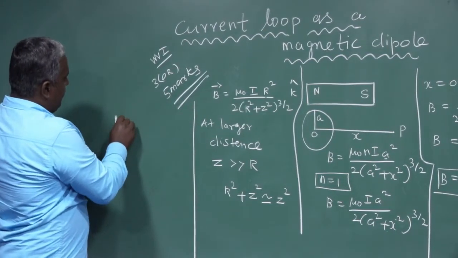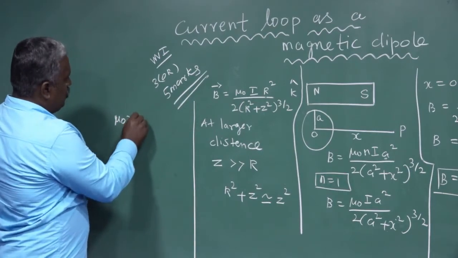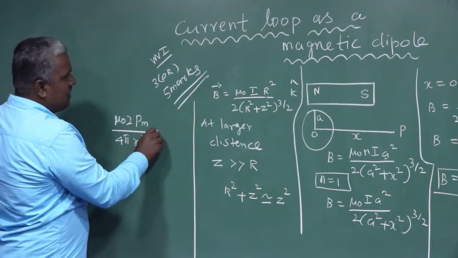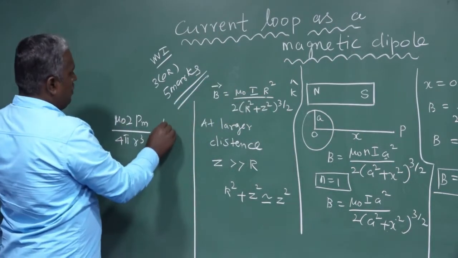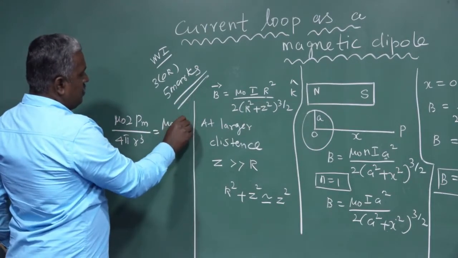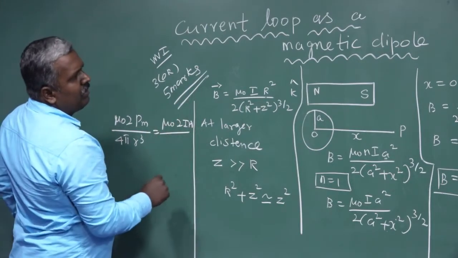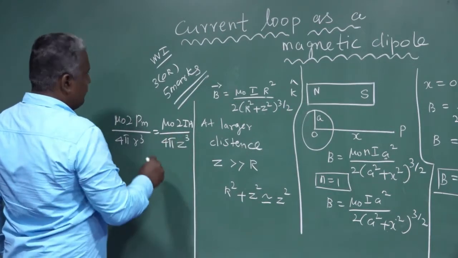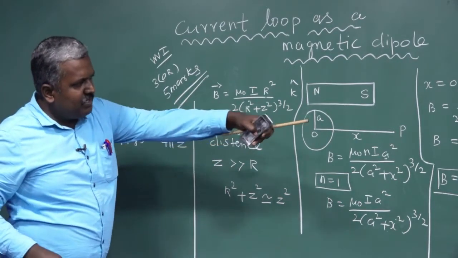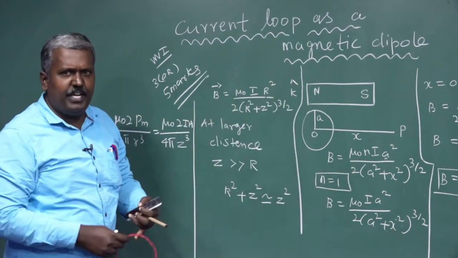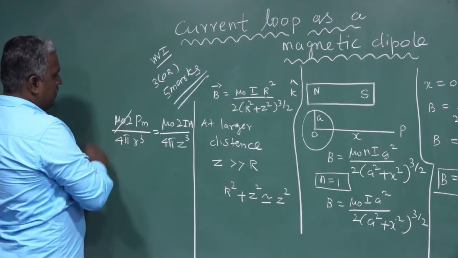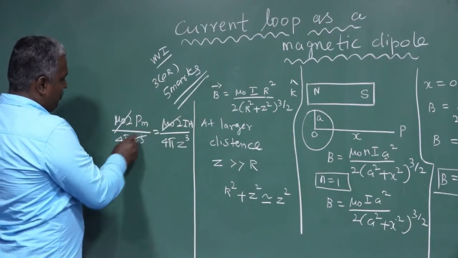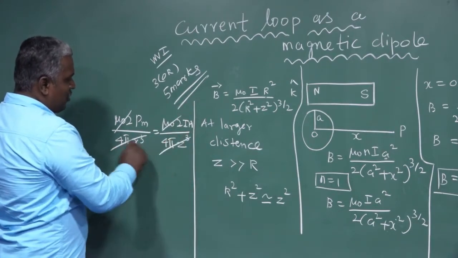Mu naught 2 Pm by 4 pi r cube is equal to the first equation, mu naught 2 I A by 4 pi Z cube. Leave the directions I cap and K cap, no need. Mu naught by 4 pi and 2 cancel, r cube and Z cube cancel.